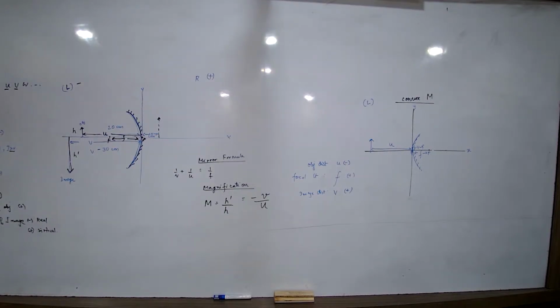Underline. Height of the image should be taken as positive for virtual images. It's to be taken as negative for the real image. Why should it be taken as negative? Height, we are talking about height because it's coming below the principal axis. Correct. Negative sign in the value of the magnification shows that the image is real.